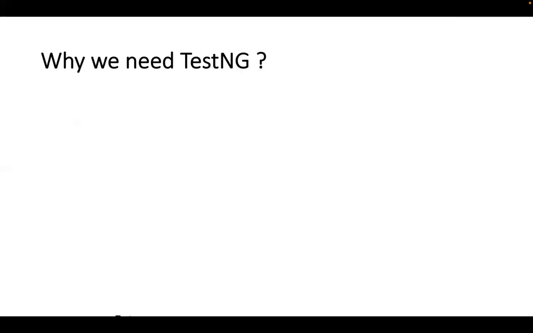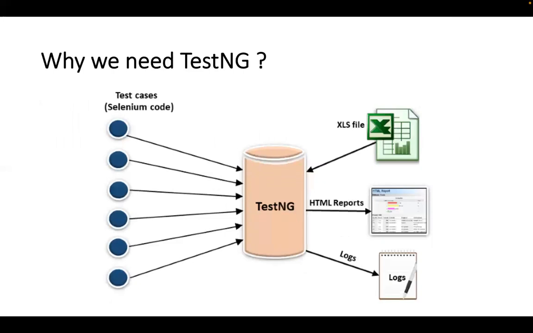Why do we need TestNG? In real time, we will be having a number of test cases. Sometimes we will be having test data written in some file format. It can be any file like XML or XLS or other custom file types.